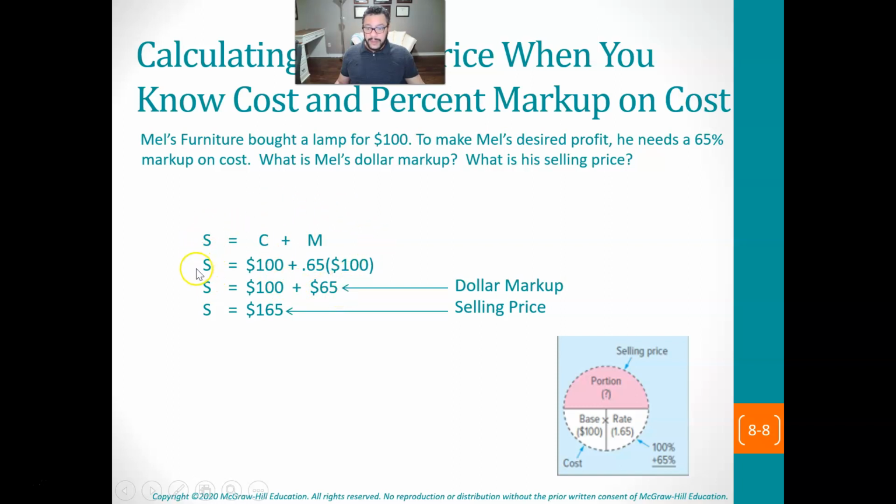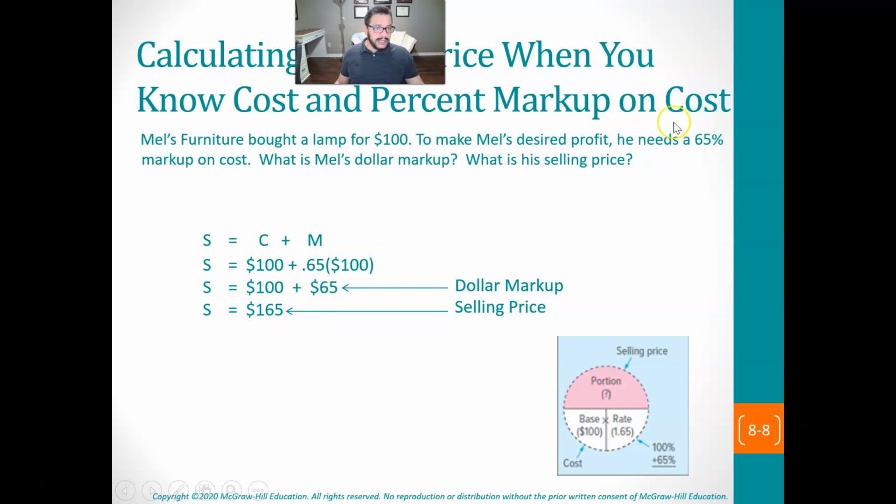So then this is the formula. We start filling things in. And then when we work it out, we get selling price equals $100 plus 65. Now, we got some answers here. We know they ask us, what is the dollar markup? We know the dollar markup now. And then they want to know what the selling price is. Well, when we actually add these together, the selling price is going to be $165.